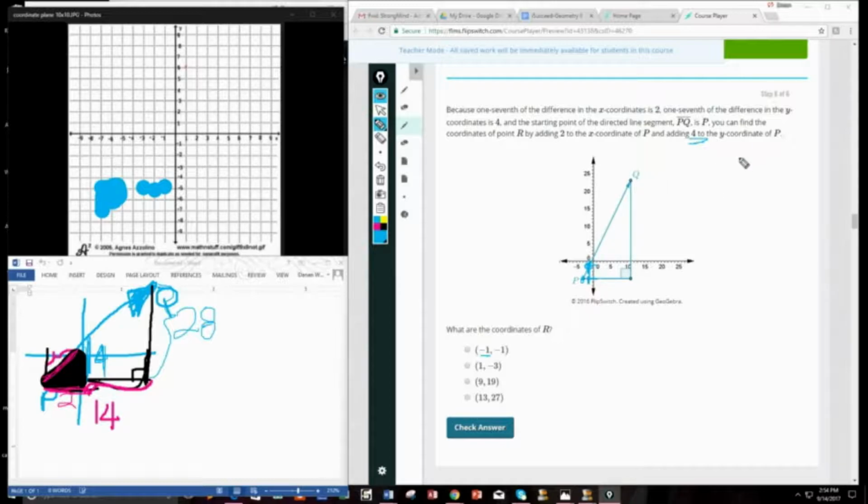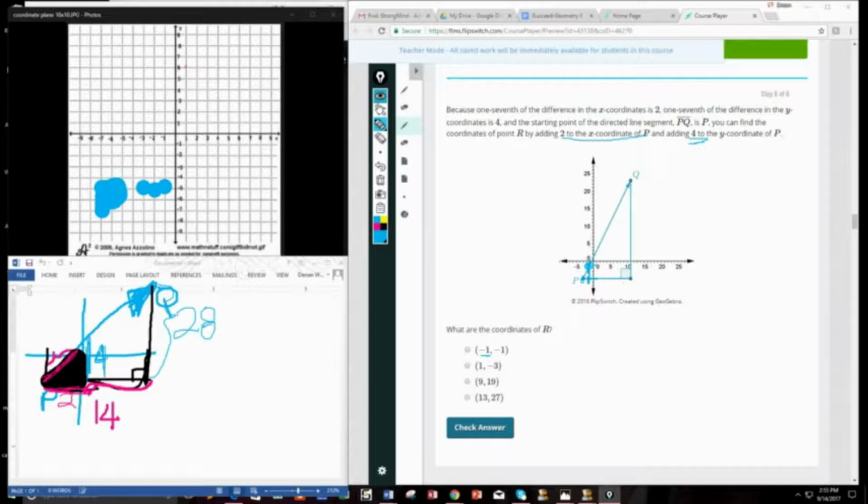So that is why it says that you can find the coordinates of the point R by adding 2 units to the x coordinate, because 2 units horizontally represents 1/7 of our total horizontal distance. And then adding 4 units to the y coordinate is because 4 represents 1/7 of our total vertical distance.